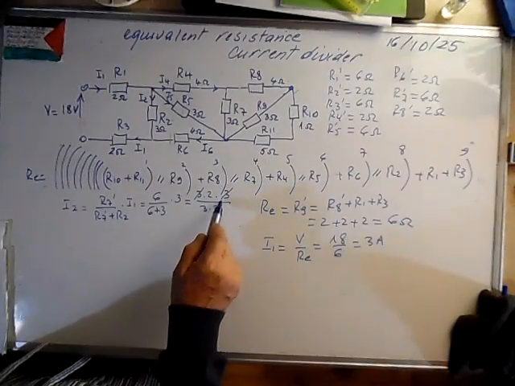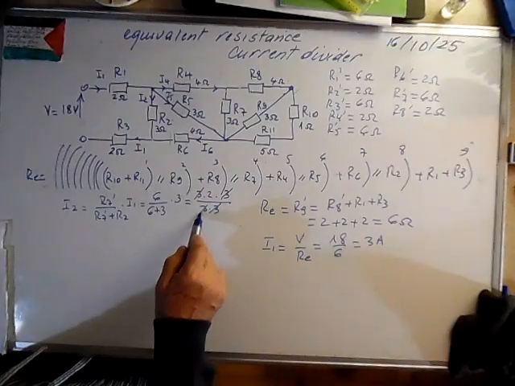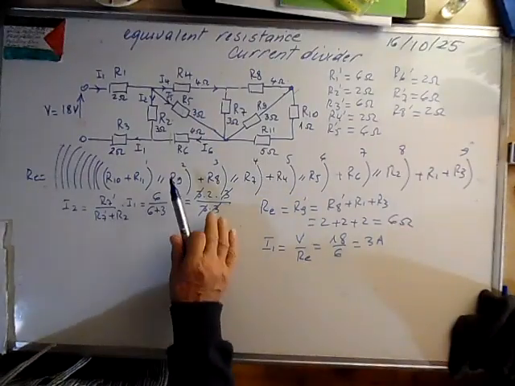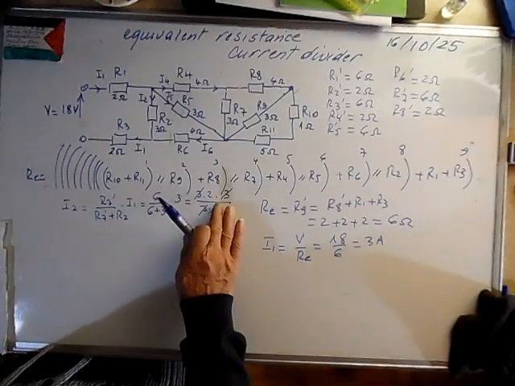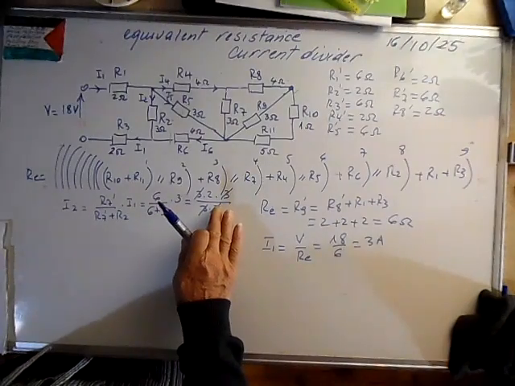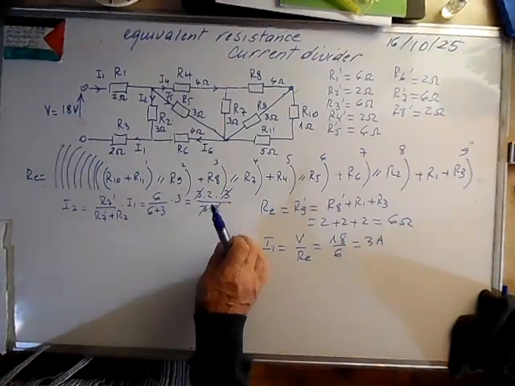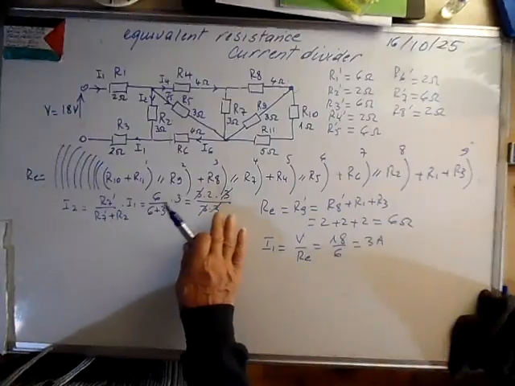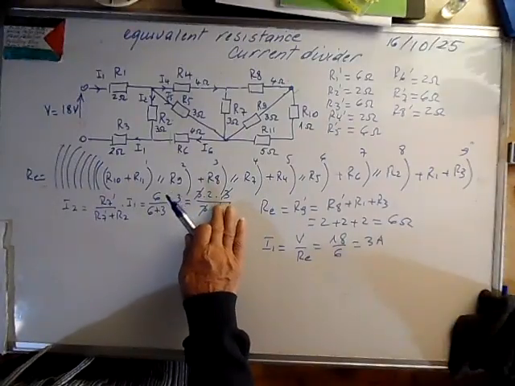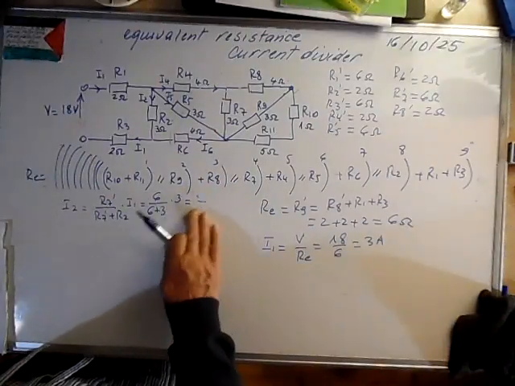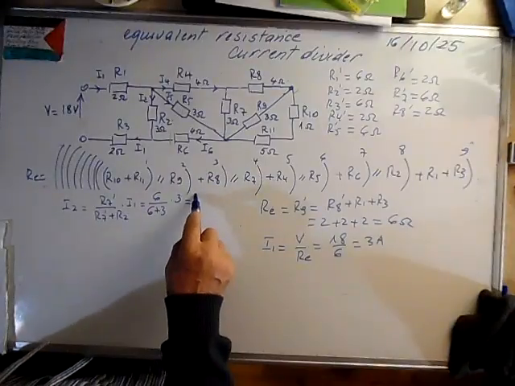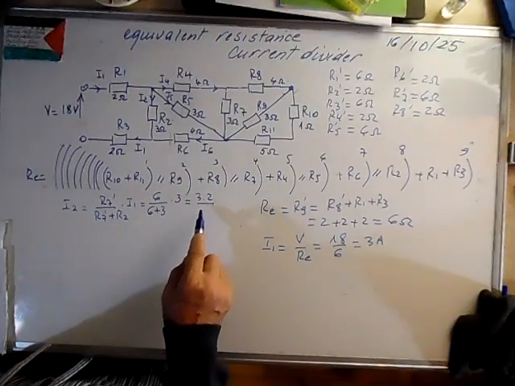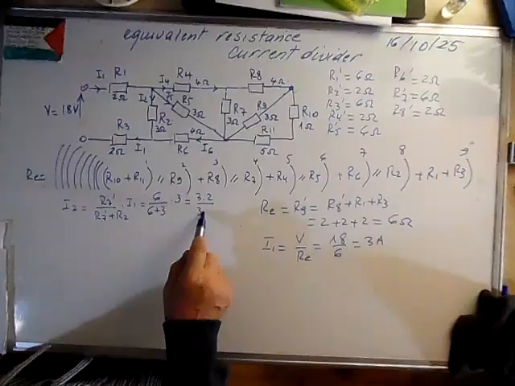The 3 will simplify. 3 times 3, 3 times 2 times 2. So it's 2/3. So it's 3 times 2 over 3 times 3.